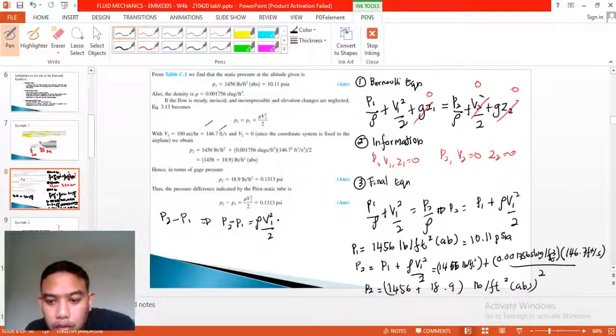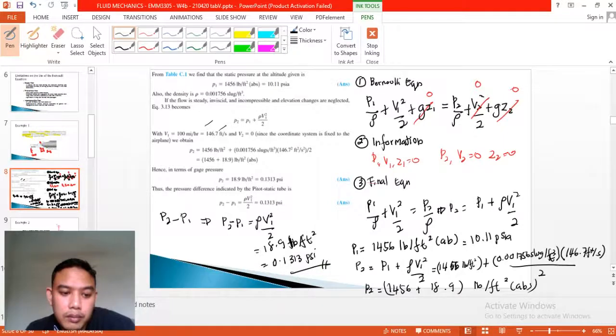Rho V squared 1 over 2 is similar to this one, so you will get 18.9 lb per feet square, or 0.1313 psi.